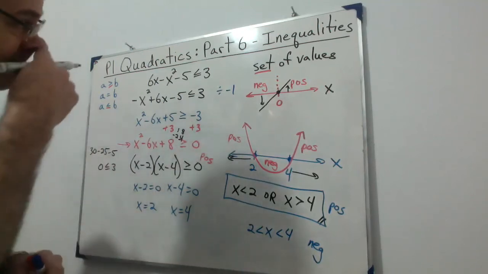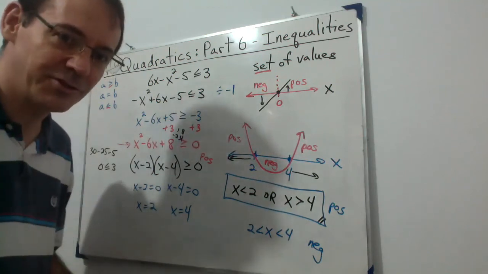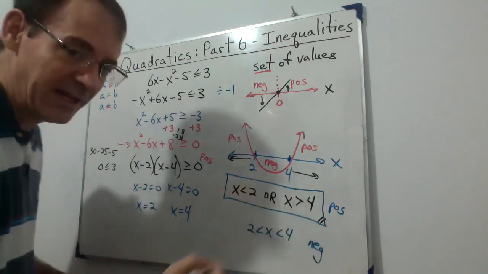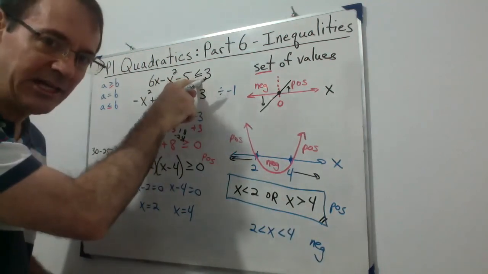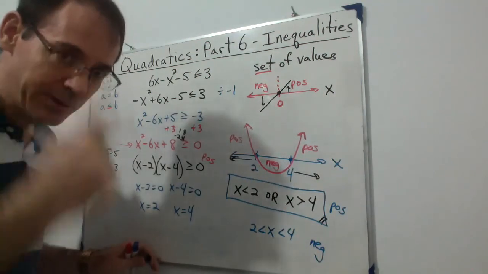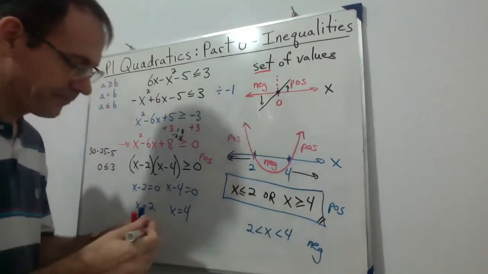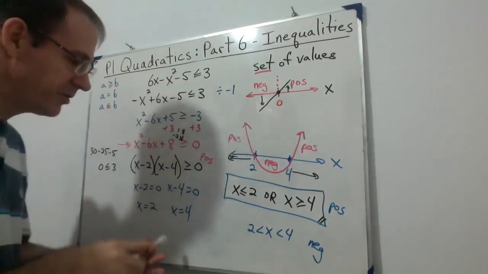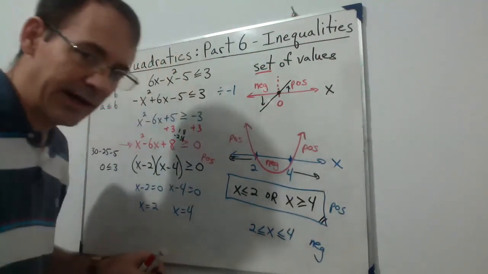You know what? I forgot to do something that I told you to do. I said make sure your answer follows the original. Our original has the equal, so I'm glad I checked because it reminded me we need the equals here. Whatever your original has, that is what you should have in your answer set.